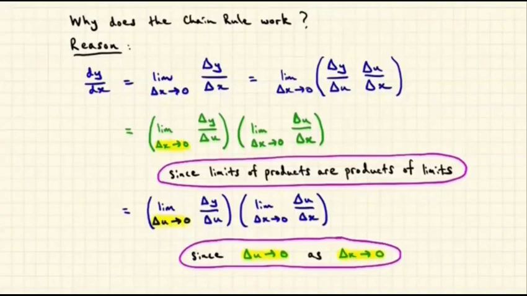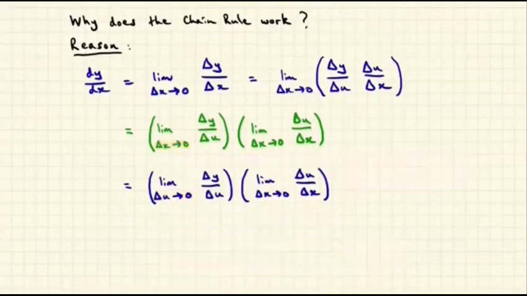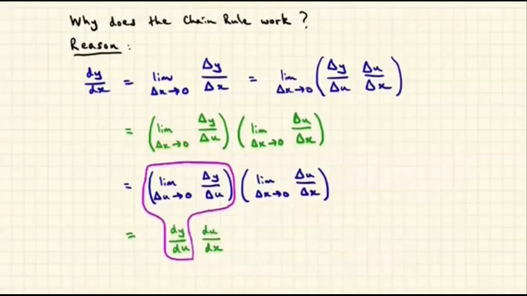Then recognize the first limit as a definition of dy/du, and the second limit as a definition of du/dx. This completes the sketch of the proof that dy/dx equals dy/du times du/dx.